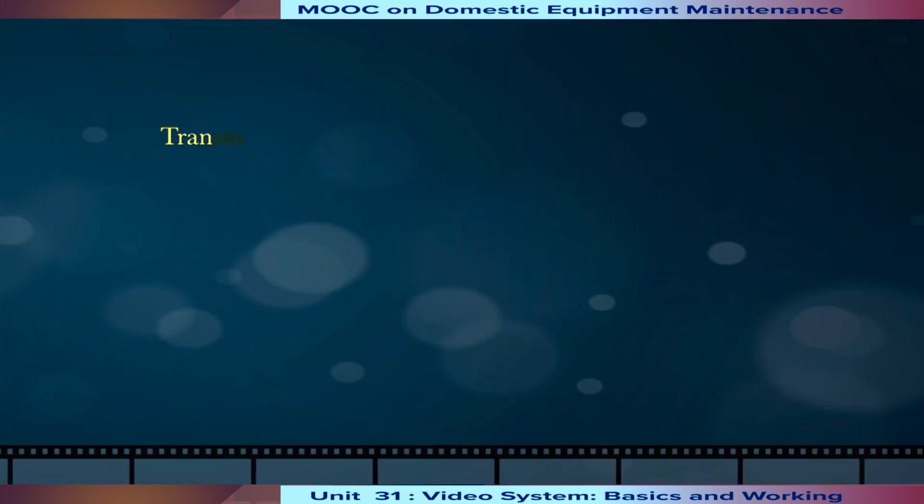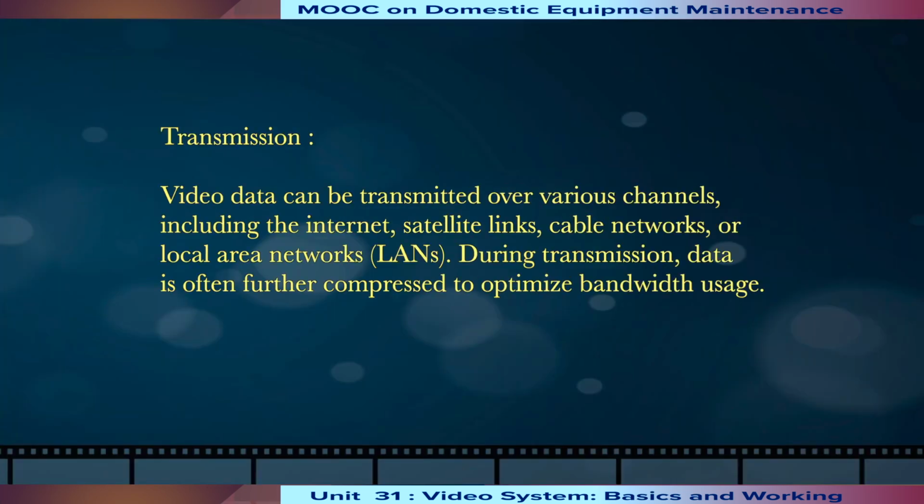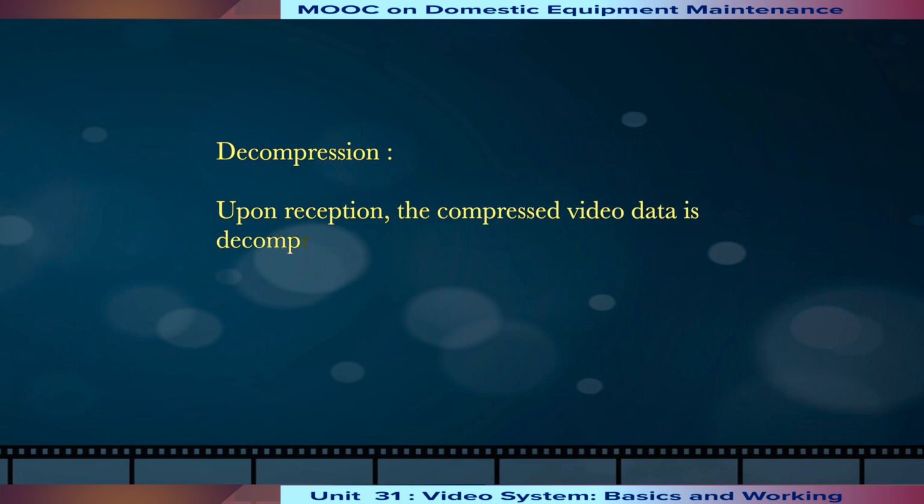Then transmission. Video data can be transmitted over various channels including the internet, satellite links, cable networks, or local area networks. During transmission, data is often further compressed to optimize bandwidth usage. Decompression.